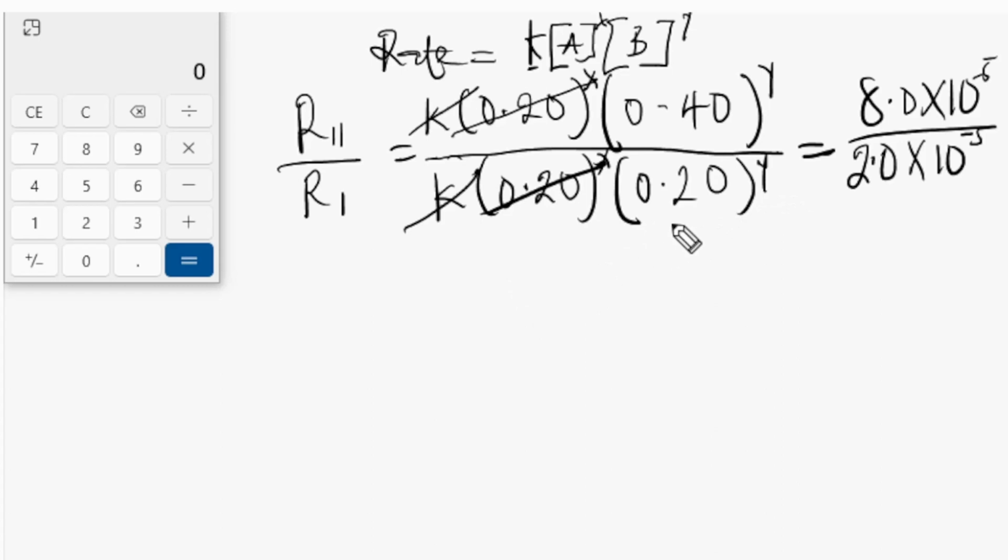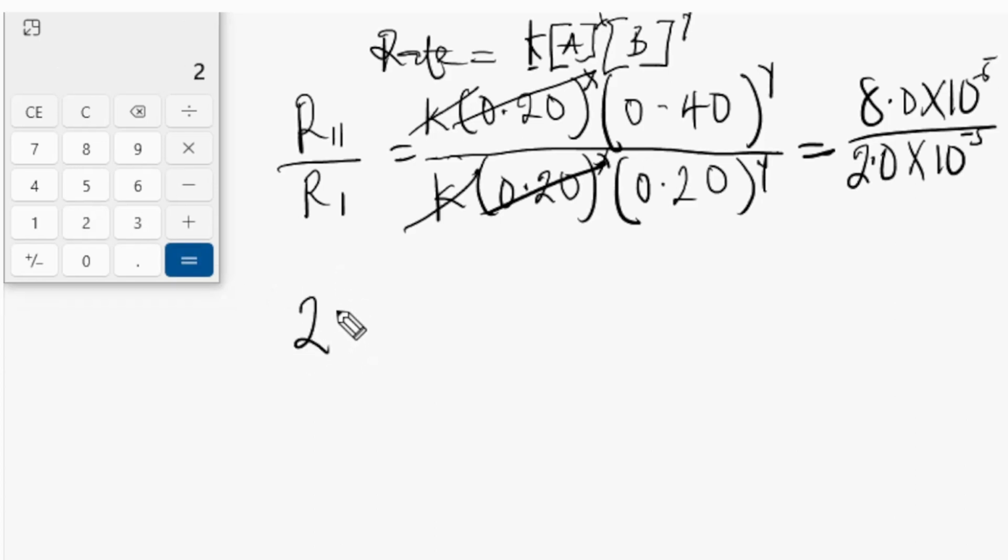Then if we take 0.40 to the power of Y and divide it by 0.20 to the power of Y, we're going to have, let's calculate 0.40 divided by 0.2, and that's 2 guys.